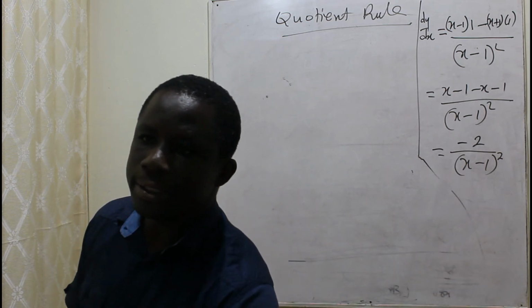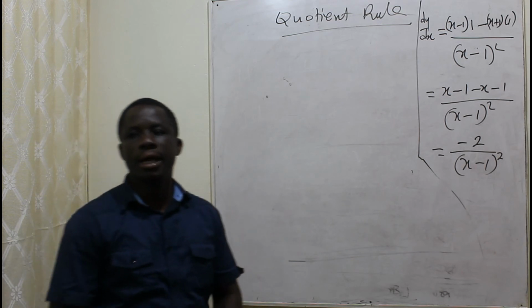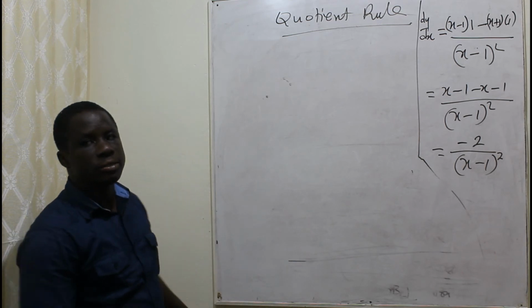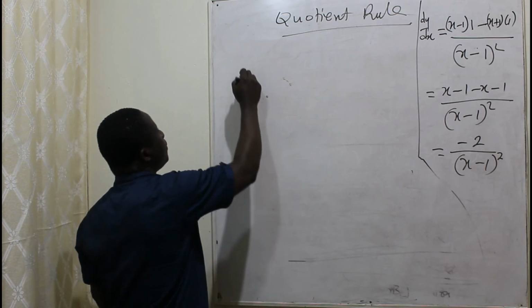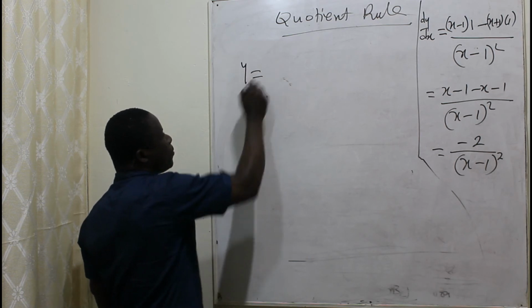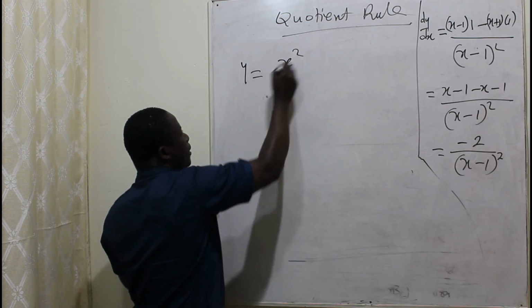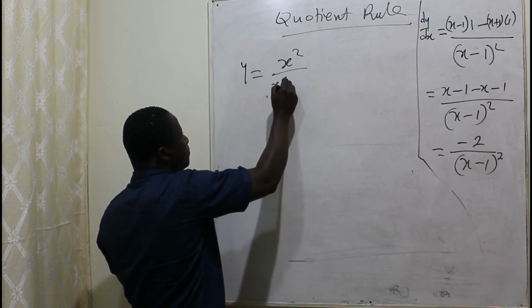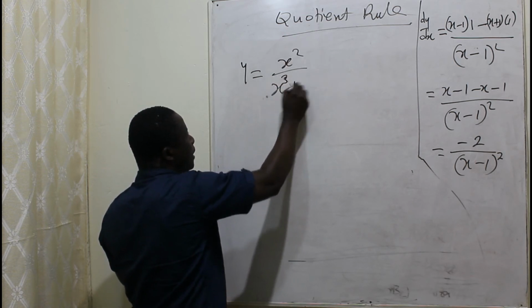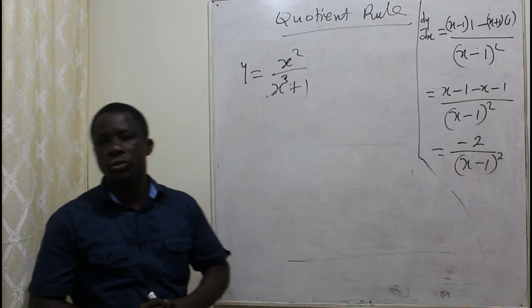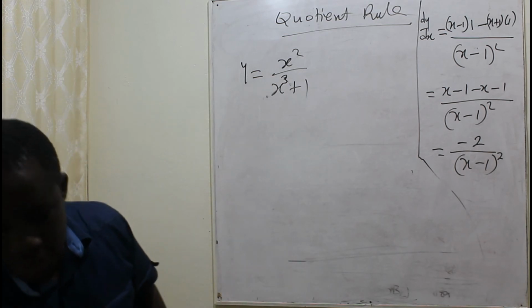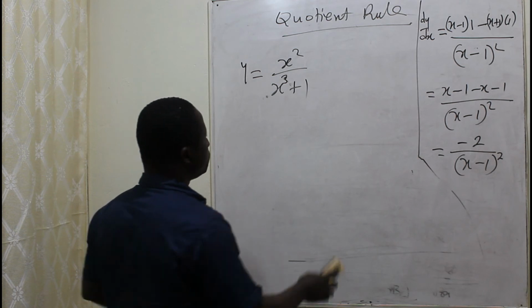Let's pick one more example and see how it will be done. So if you have y equal to a function like x squared over x cubed plus 1, how do you differentiate using the quotient rule?